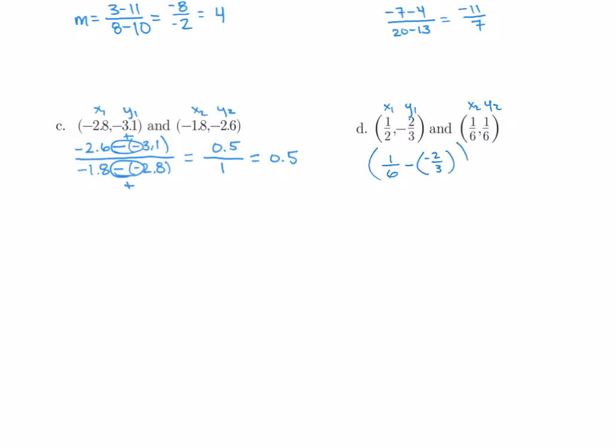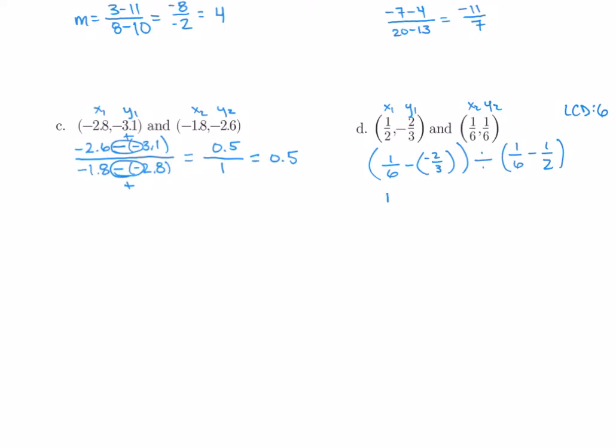And this time, instead of writing it as a fraction, I'm going to remember that the fraction bar means divide. So we're going to divide by 1/6 minus 1/2. Okay, so we need common denominators. Our LCD is 6.